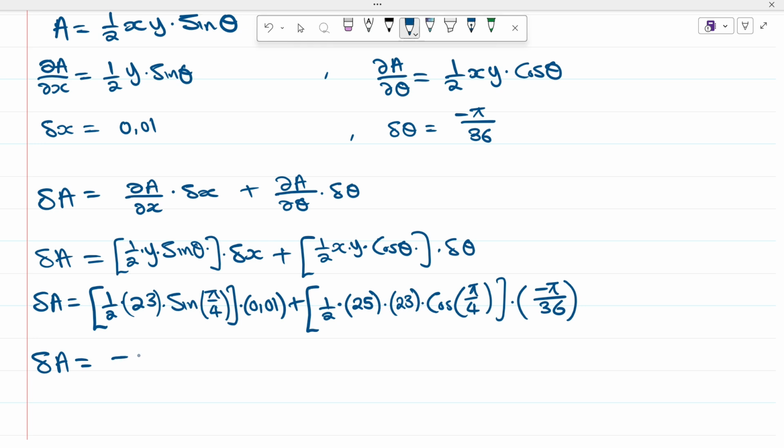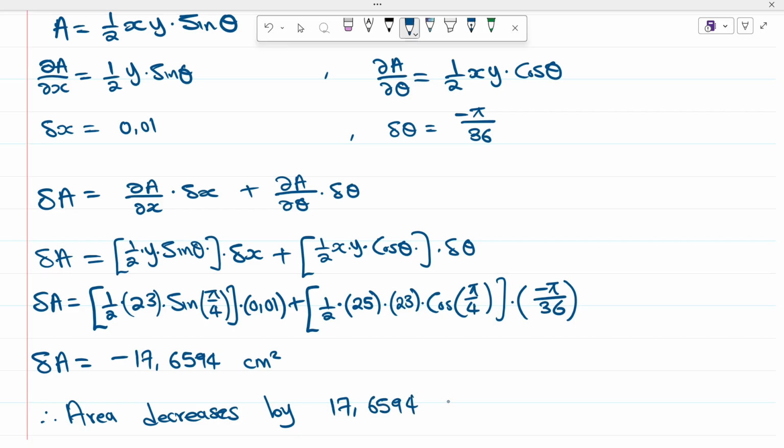You should be able to get something like negative 17.6594 square centimeters. And therefore now we can conclude that the area decreases by 17.6594 square centimeters.